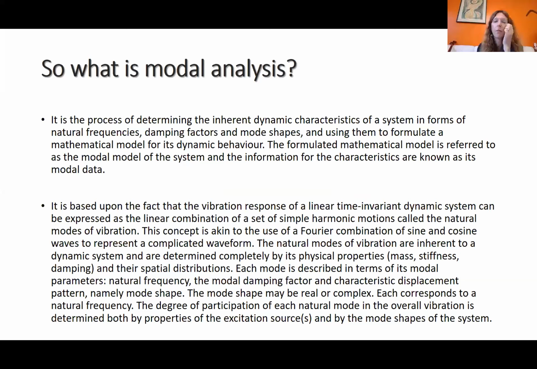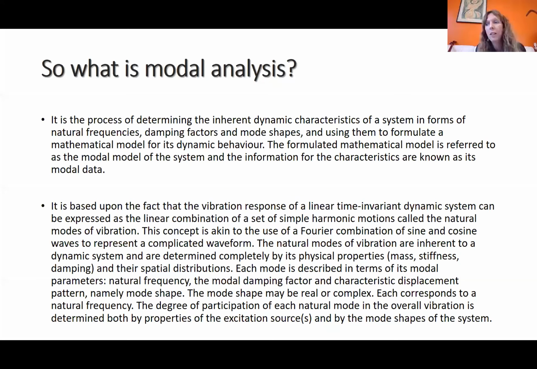It's based upon the fact that the vibrational response of a linear time-invariant dynamic system can be expressed as a linear combination of a set of simple harmonic motions, which are single degree of freedom resonators or oscillators, called the natural modes of vibration.